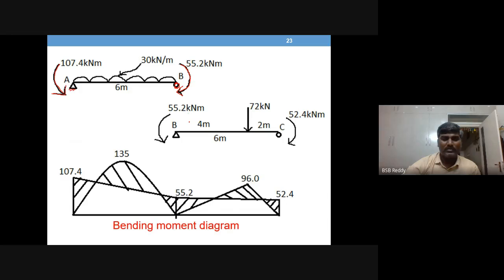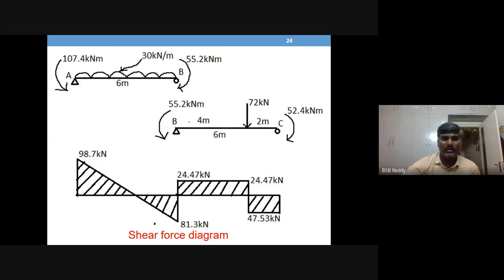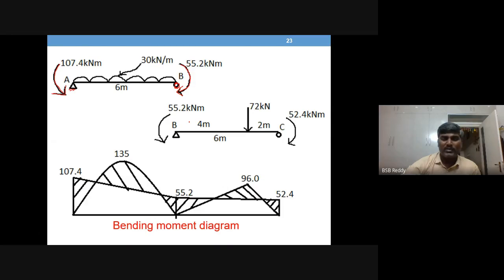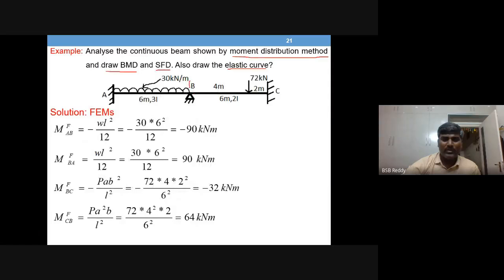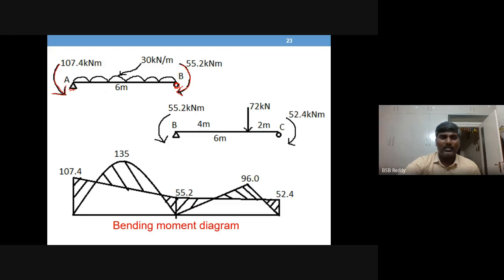The original support there is continuity. So what we are doing is breaking the continuity here. We are taking AB separately and BC separately. You are breaking the beam there, but there is a hinge support there. That is what is represented here.